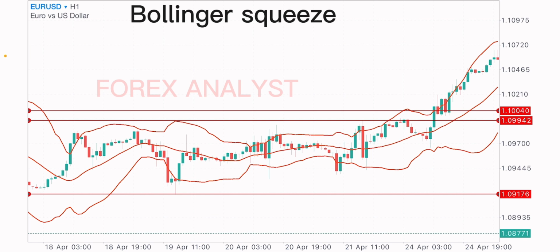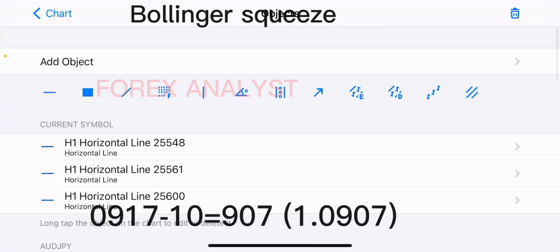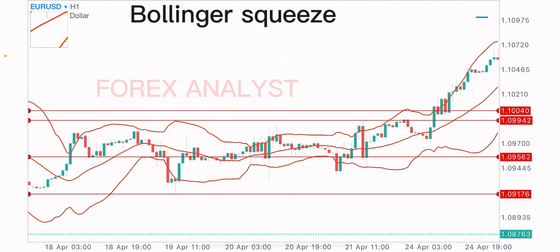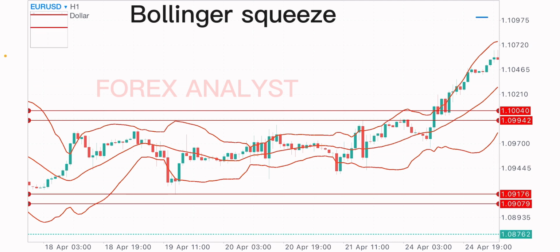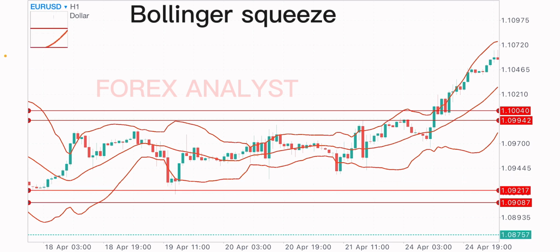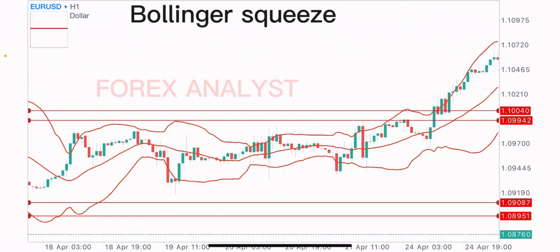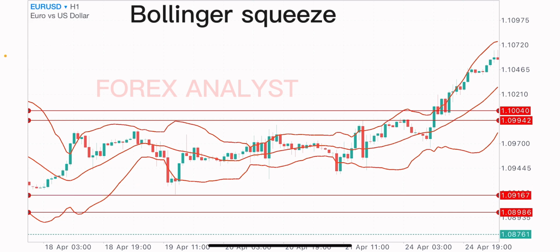And we are going to subtract 10 pips from the value of our lowest point, which is 1.0917. So 1.0917 minus 10 pips is 1.0907. So our value will be 1.0907.